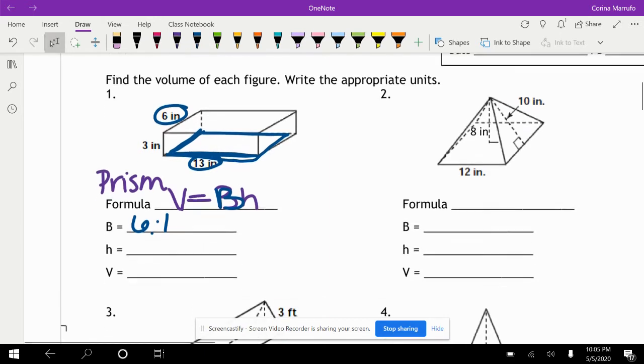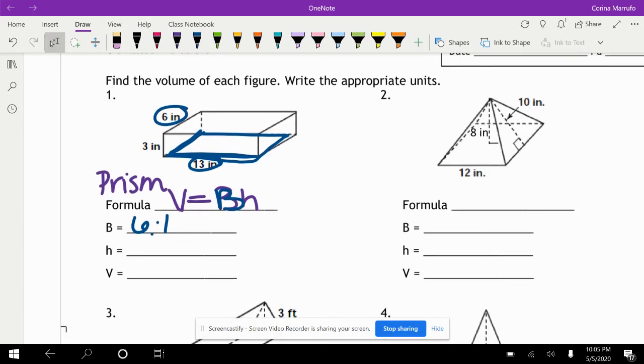And let's see, 6 times 13 gives us, I believe, 78. Yes, 78, sorry. And then we have inches squared because it is the area. And then for the next one, we're going to find h. H is the height of our prism.